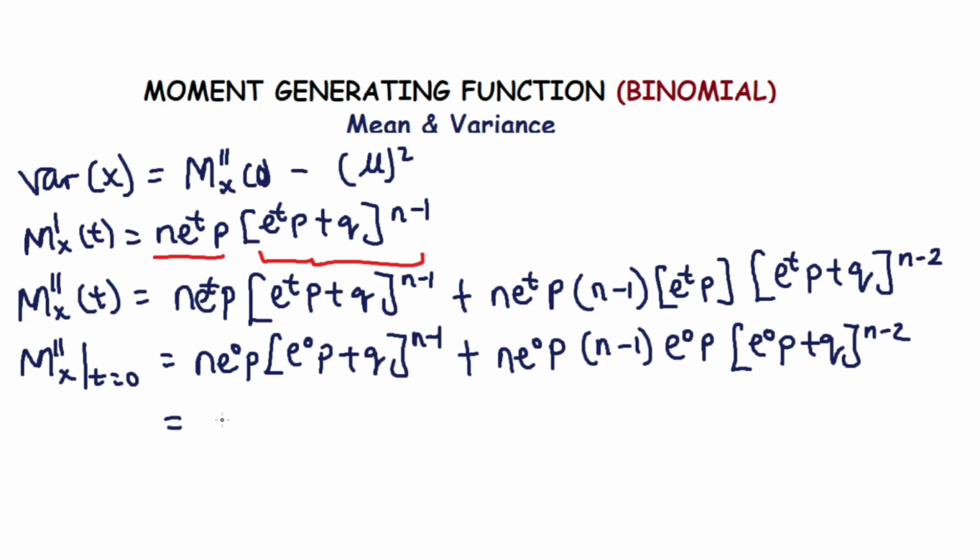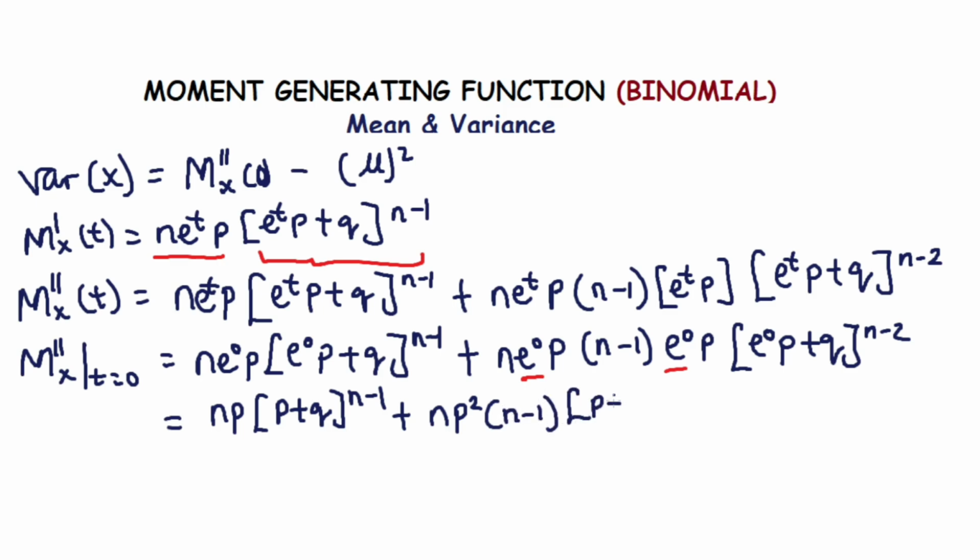So e raised to the power of 0 is 1, that is np, and we still have (p plus q)^(n minus 1), which is going to be 1. We have p in two places, so that will be np squared times (n minus 1), times (p plus q)^(n minus 2). We've said that p plus q is 1, so 1 raised to any power is still 1. So I would have here np plus np squared times (n minus 1).